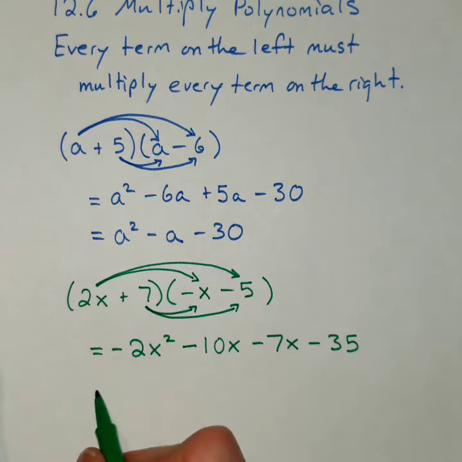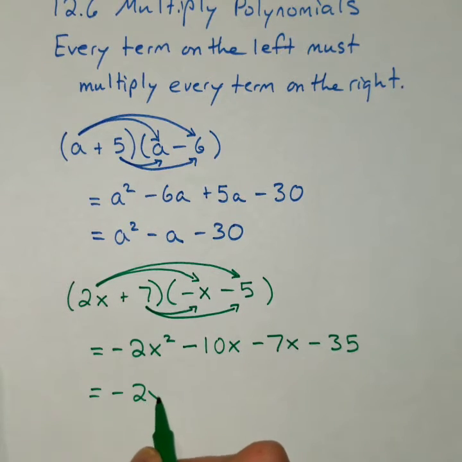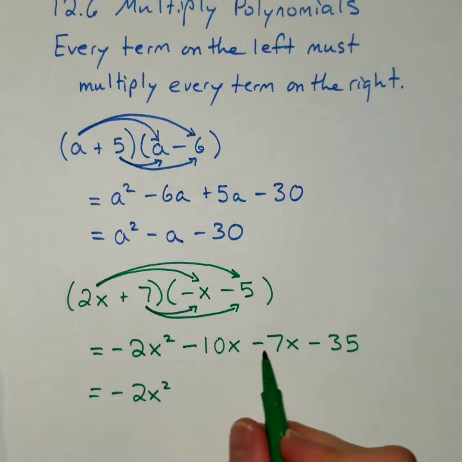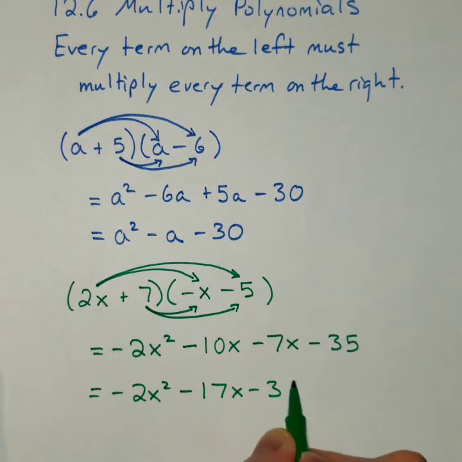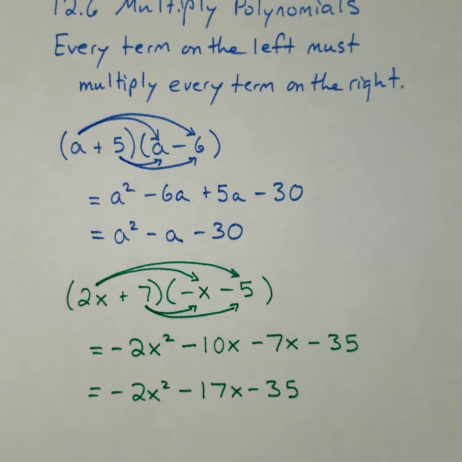Then we combine the two terms in the middle. Negative 10 and negative 7 make a negative 17. And that gives us our final polynomial. Okay. Now again, I could expand this to much larger polynomials.